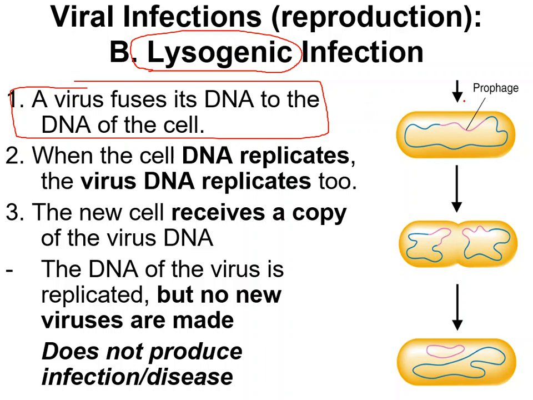However, once the DNA is in the host cell, and we're using the bacteriophage example here still, notice that the viral DNA, this pink portion, doesn't get transcribed or translated. It gets incorporated into the host genome. It becomes part of the host genome.